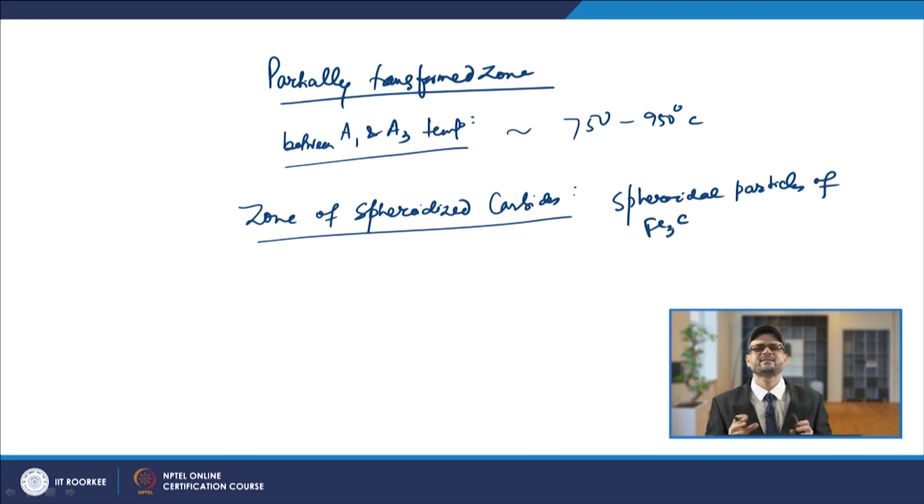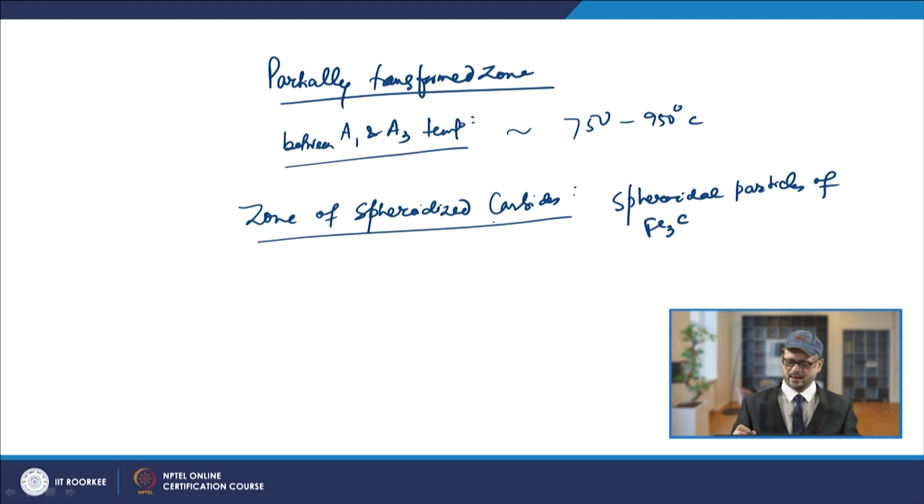Since the heating rate is higher, it breaks the lamellar structure of pearlite, and the pieces agglomerate to form spheroidal cementite. That is why it is known as the zone of spheroidized carbides.